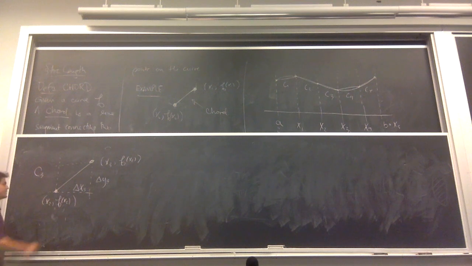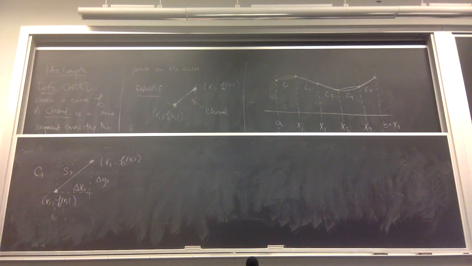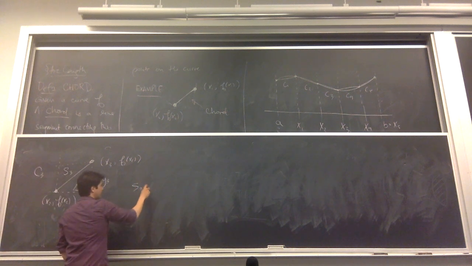So given that, what is the length of this? I think I called that S segment. What is the length of the third chord? I've given you some labels now. Yeah, just Pythagoras, right?